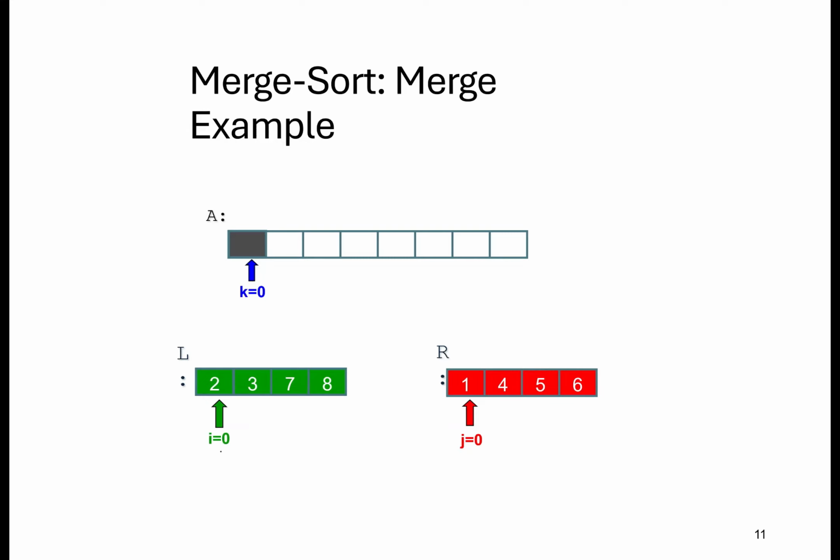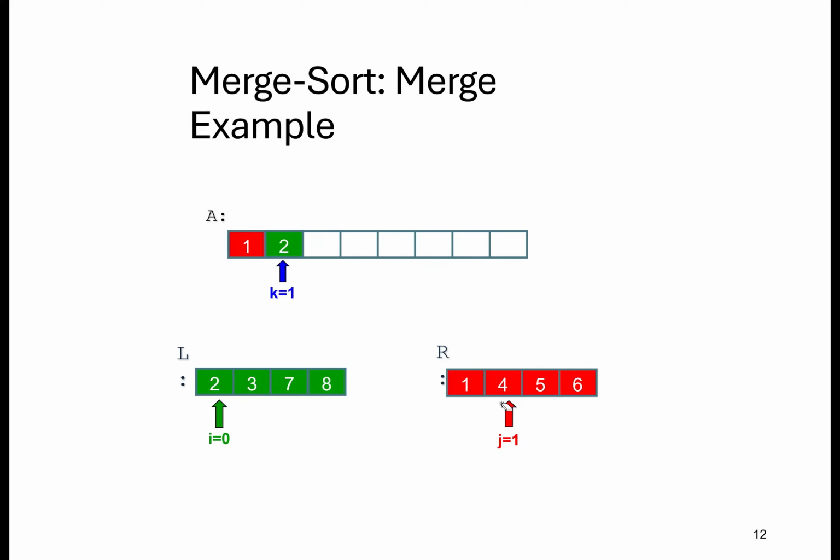Next, we have 2 pointers, both pointing to the smallest element in each part. Then we take the smallest of these two and put it in, like we are merging, right? So 1 goes here. Now this pointer moves because this one is copied. Now we compare 2 and 4.